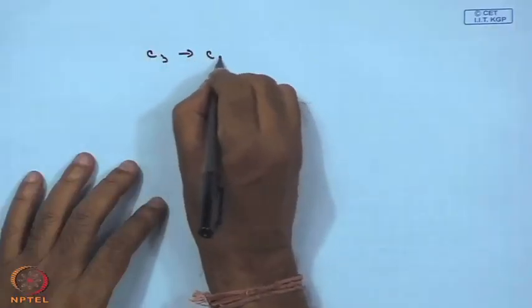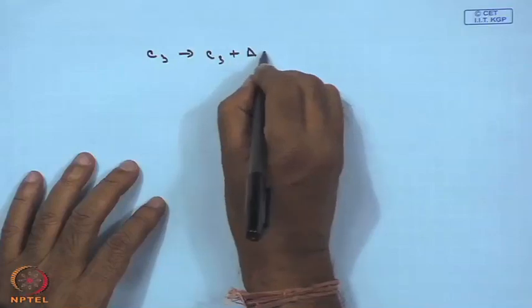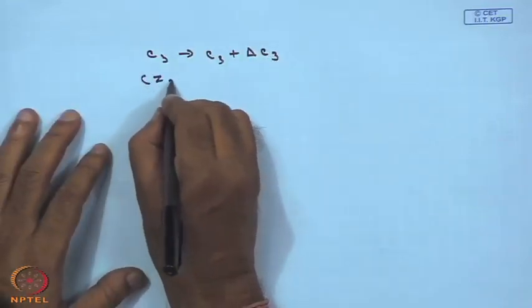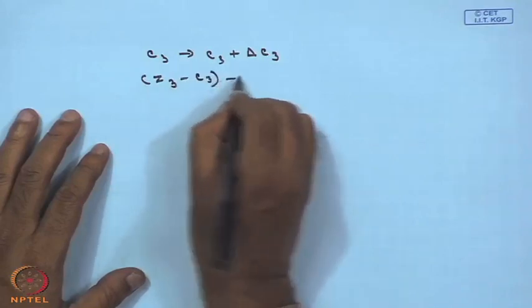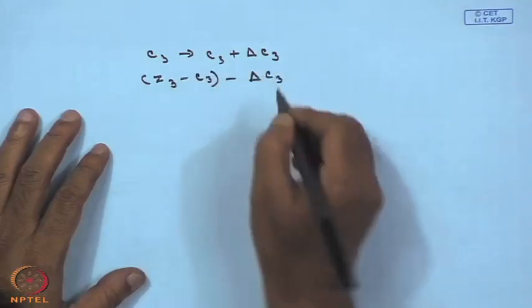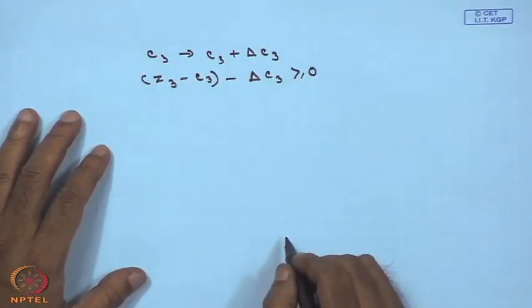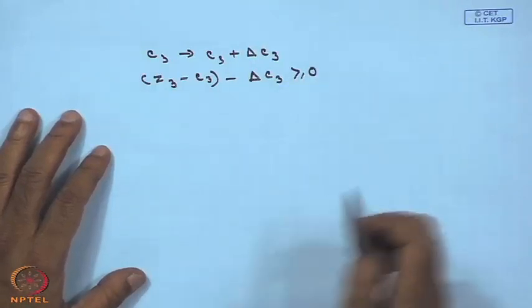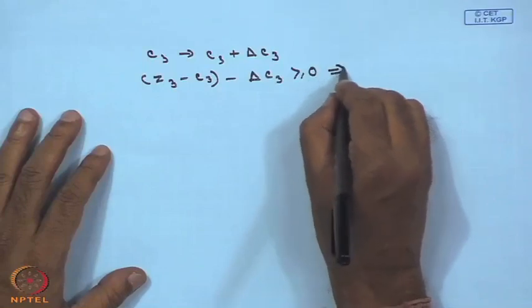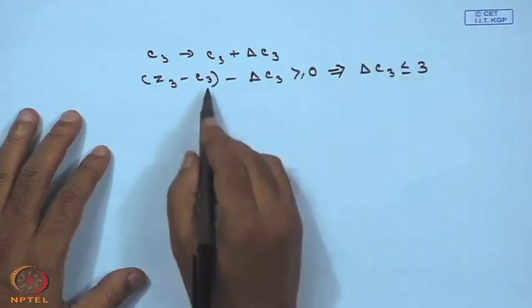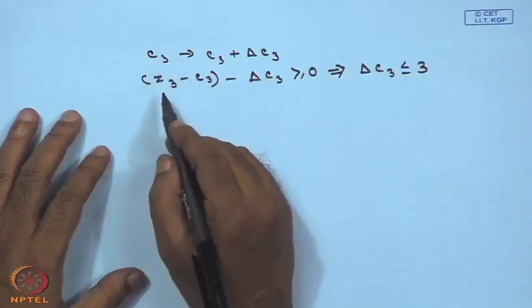Now, for the product Z, what happens? Let us see. For the product Z, your C 3 changes to C 3 plus delta C 3. So, basically Z 3 minus C 3 minus delta C 3 should be greater than or equal to 0, and from here you will obtain delta C 3 is less than or equal to 3, because Z 3 minus C 3 is 3.